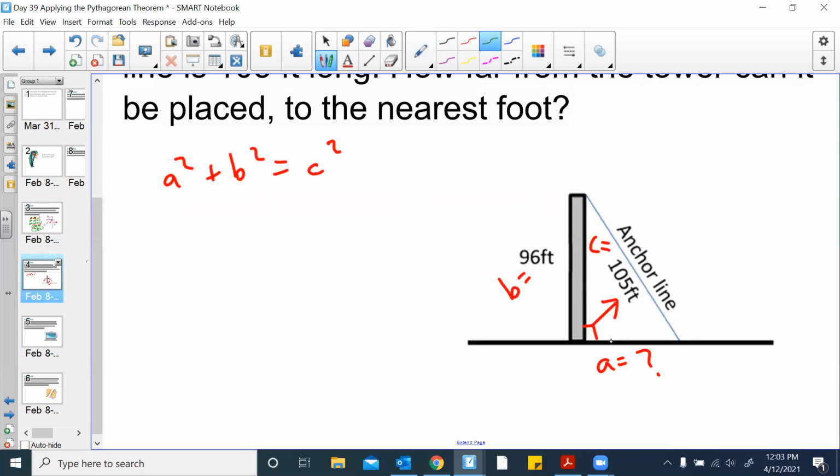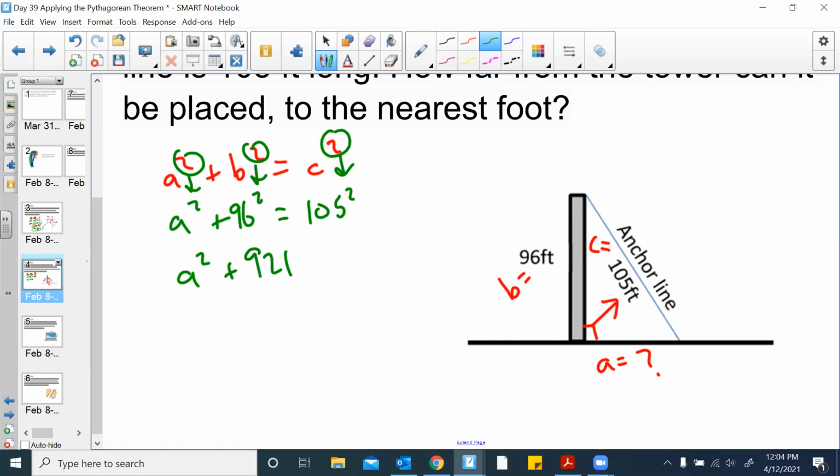Notice here we're actually looking for a leg, not the hypotenuse. So I can put in my 105 for C, and don't forget to square it. I know my B is 96, and we square it, and then A squared. All right, so for these, Desmos is probably helpful with some of these bigger numbers.